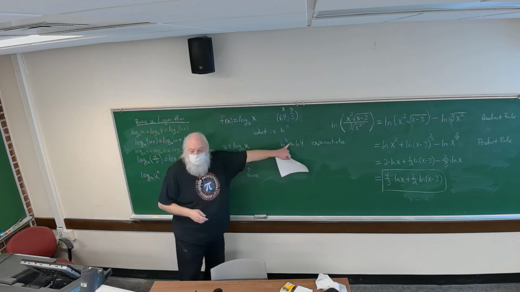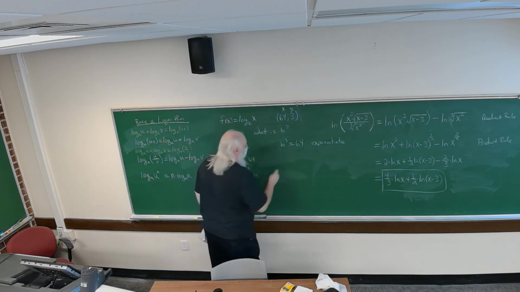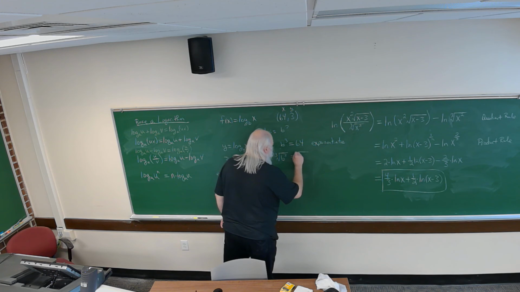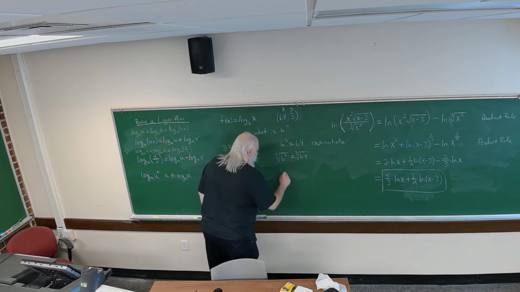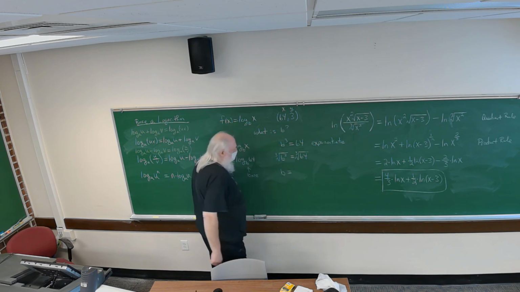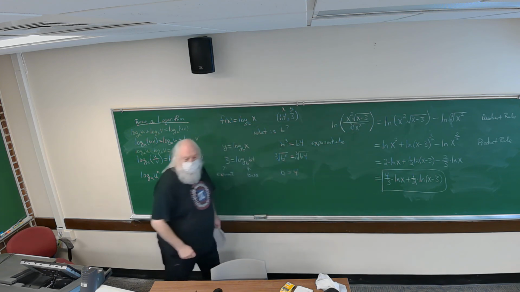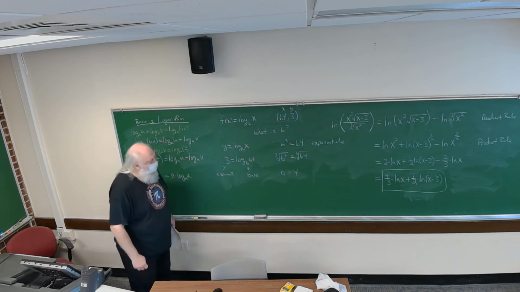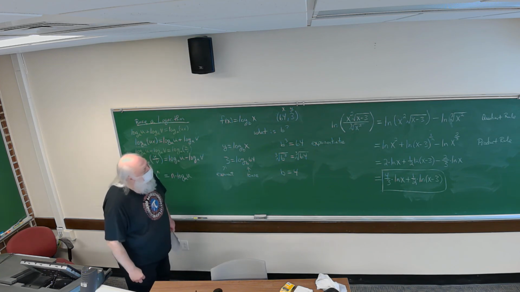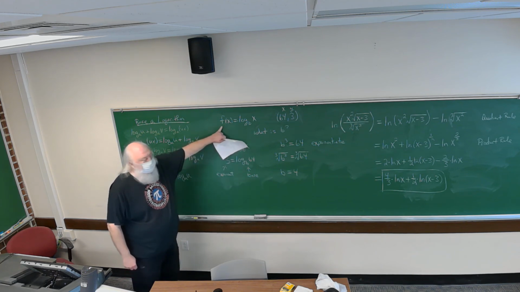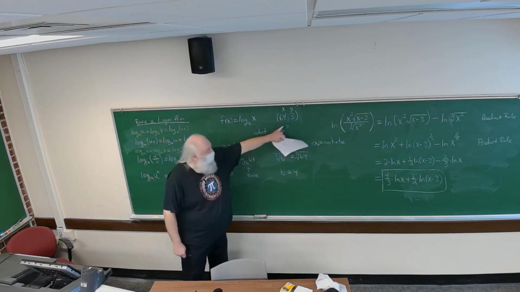What undoes cubing? Cube root, right? So we take the cube root of both sides. Cube root undoes the cubing, and we're left with b is equal to 4, because 4 cubed is equal to 64. So what's our logarithmic function that passes through this point?